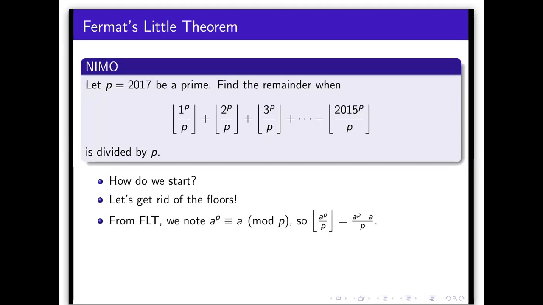From Fermat's little theorem, we know that a to the p is a mod p. So if we subtract a and make it a to the p minus a and divide that by p, that will be an integer. So that's actually going to be the floor.